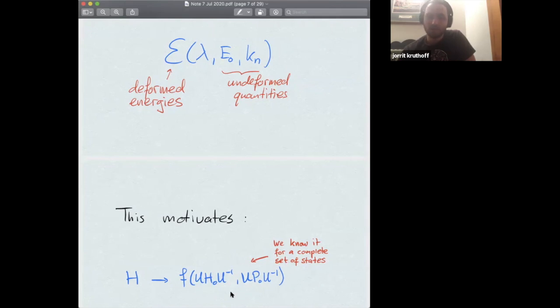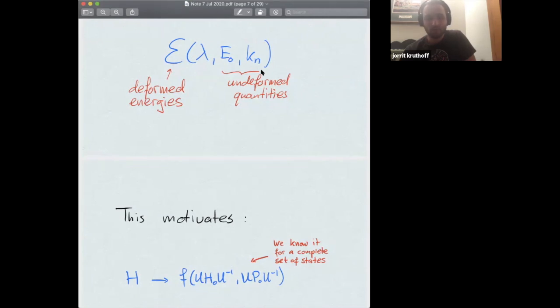The reason I can say this is precisely because this formula has only the deformation parameter and the original spectrum as input, and that original spectrum I knew in a complete basis.